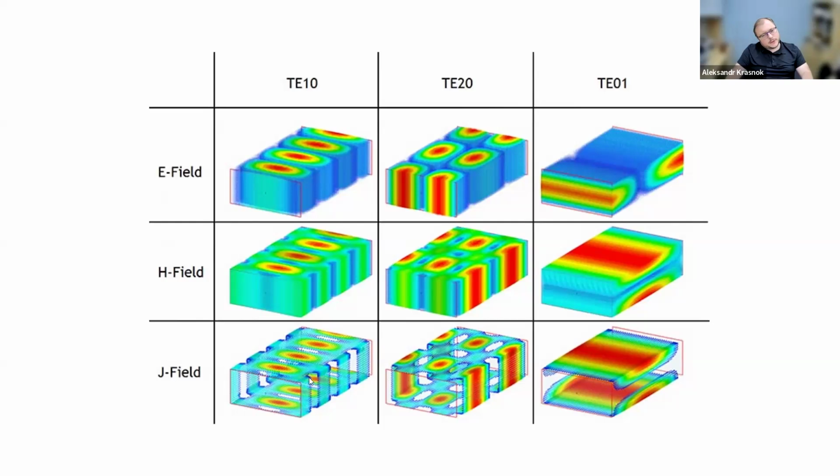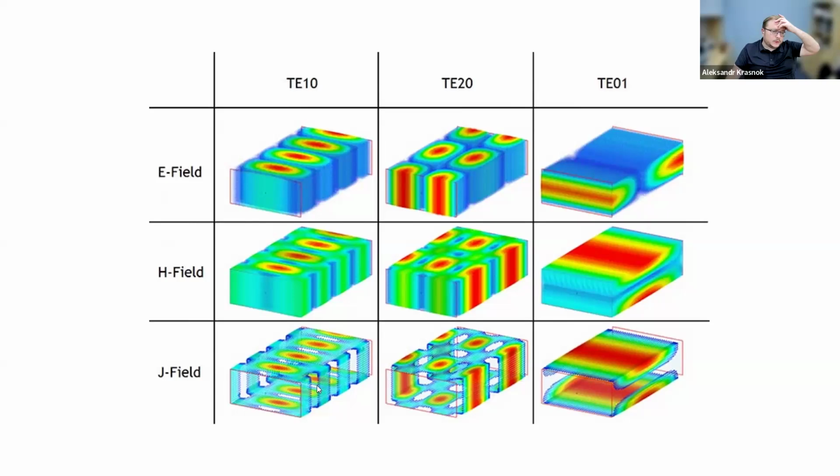Also here we have this distribution of current. Current, of course, is distributed on the surface of the waveguide, because the inner area is not conducting, only the walls are conducting. You see that the current is also inhomogeneous, as it is supposed to be.